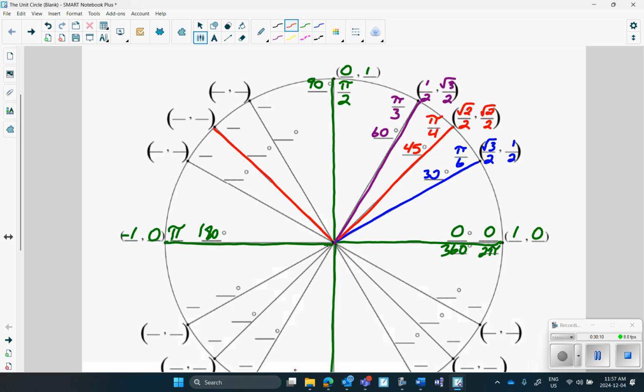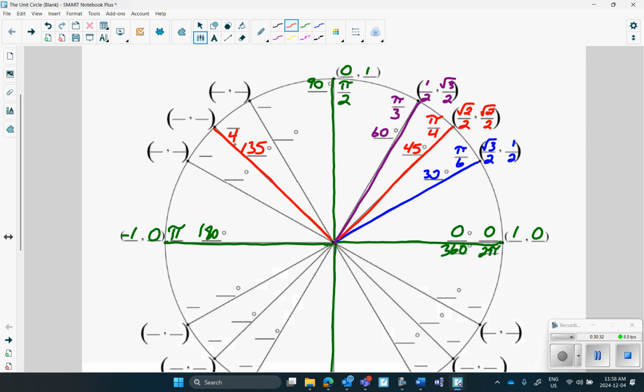How much is it from here to here? 135. What is its angle going to be in radians? It's going to be the same denominator as this one. So it's going to be 4.